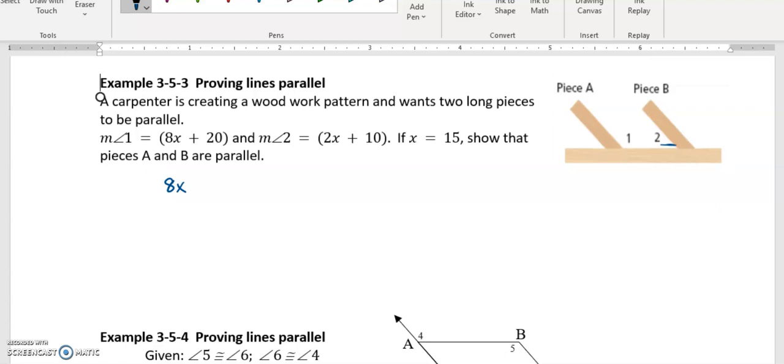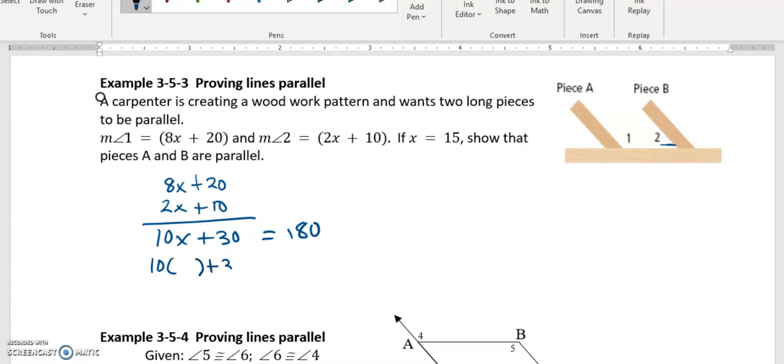We need to basically show that 8x plus 20 and 2x plus 10 has to equal 180. So we can do the check by plugging in 15 and seeing what that's equal to. So that'd be 150 plus 30, which is indeed 180.